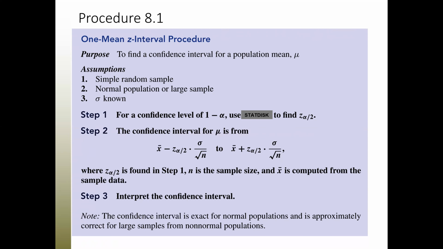So this is your formula. As I mentioned, X bar is a point estimator, and then Z alpha over 2 times sigma over square root n becomes the margin of error. So with X bar in the center, you plus or minus the margin of error, then you construct an interval with which you can capture the target.